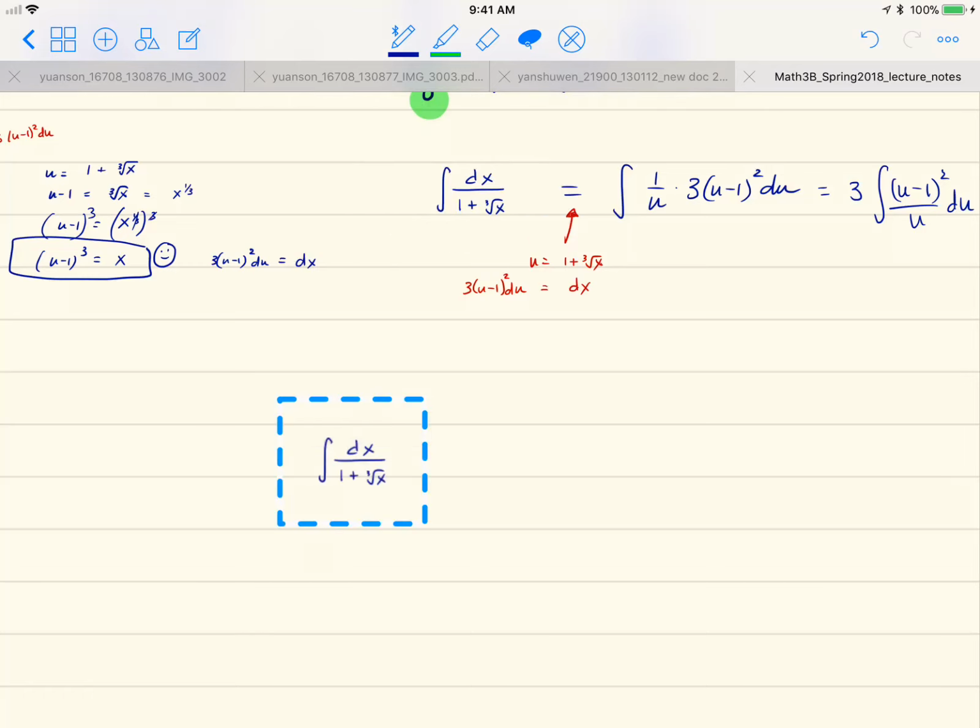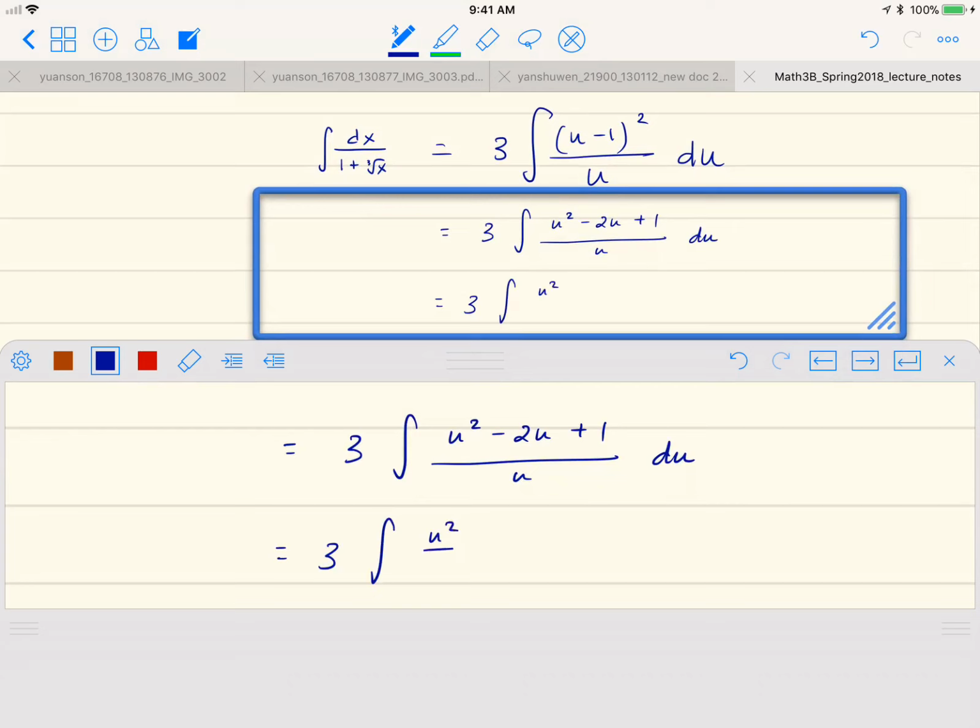Expand the numerator, so we'll have 3 times the integral of u squared minus 2u plus 1. The denominator stays the same. Now I'm going to split it up, right? So split up this fraction. So I have u squared over u minus 2u over u plus 1 over u.